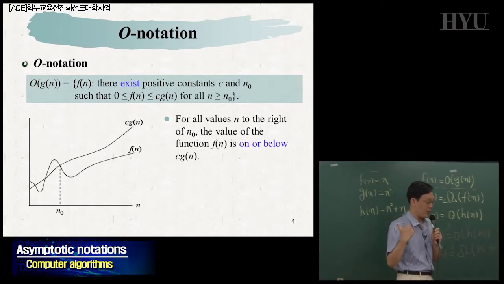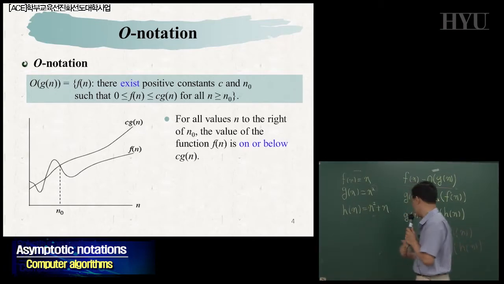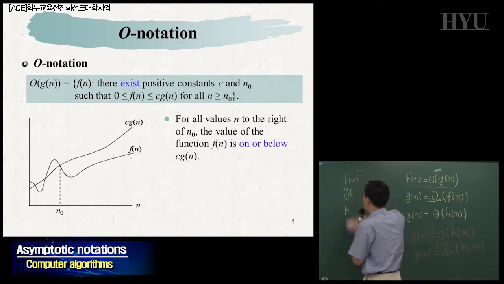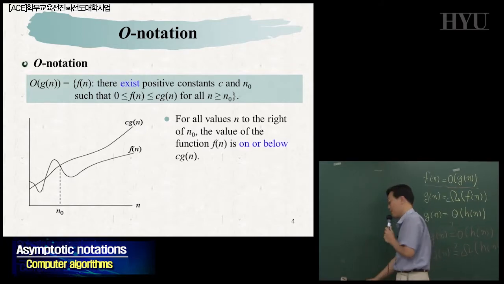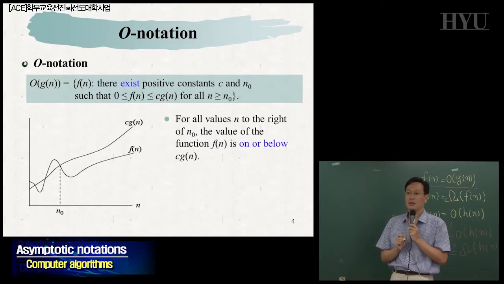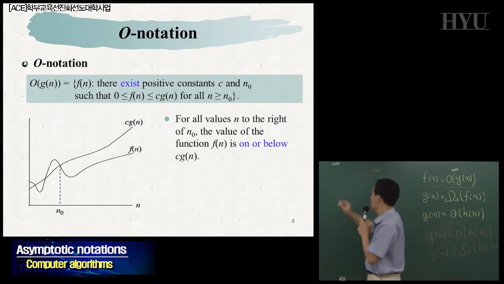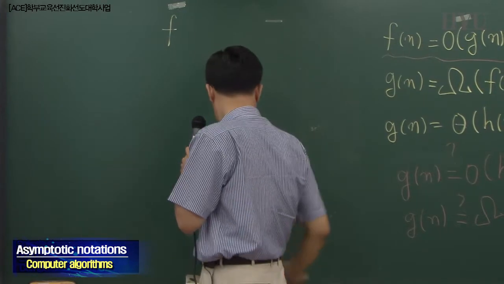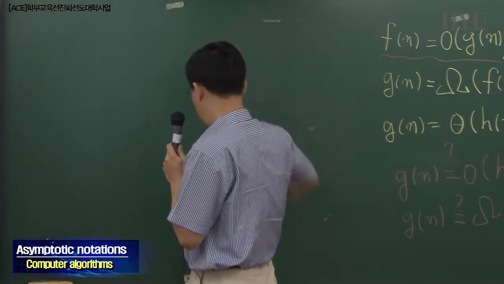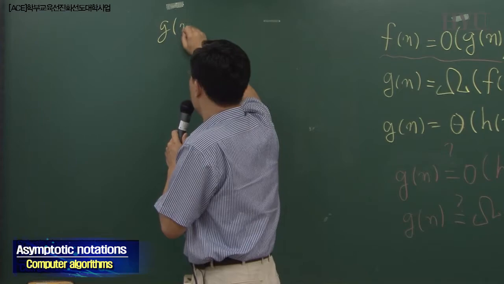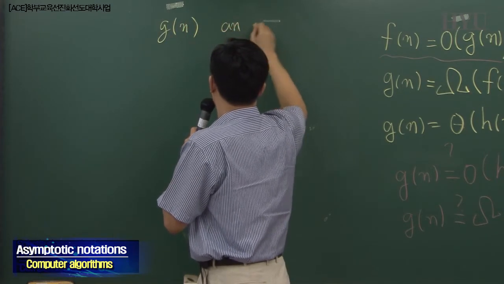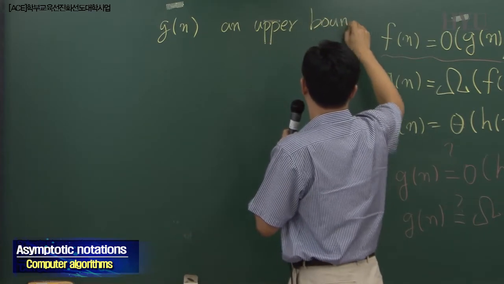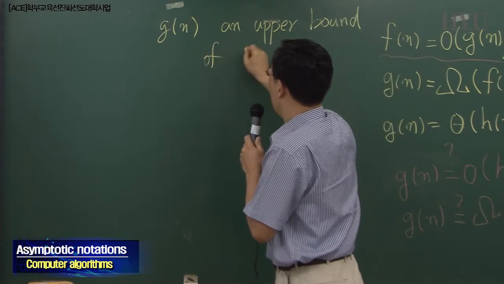So before I explain this, I'll explain the upper bound. Okay? So assume that g of n is an upper bound of f of n.